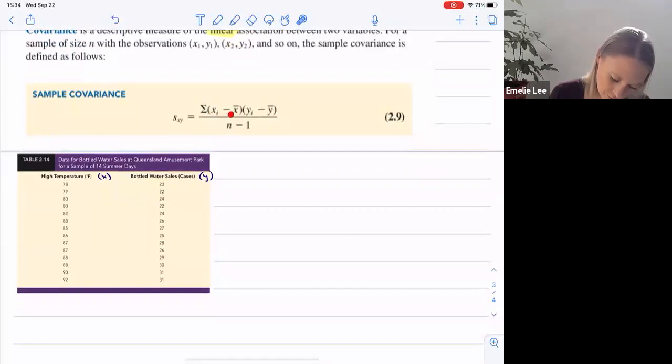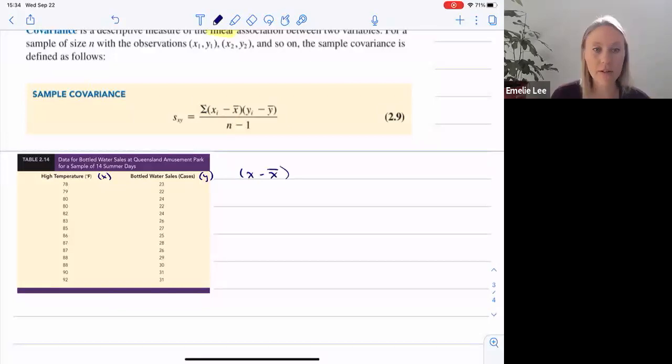So first, you need to make a new column of each X minus X bar, right? So that looks familiar from the variance, right? But then when we had the variance, we had to square each of those values, add them up, divide by n minus 1, take the square root. So we're going to do things a little bit different here.